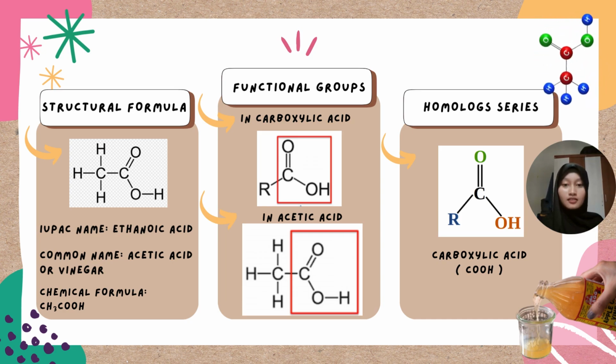And then the acetic acid, which is CH3 bonded to C, double bond O, single bond OH. As for the homologous series of vinegar, it is R bonded to C double bond O single bond OH, which is carboxylic acid, which is COOH.